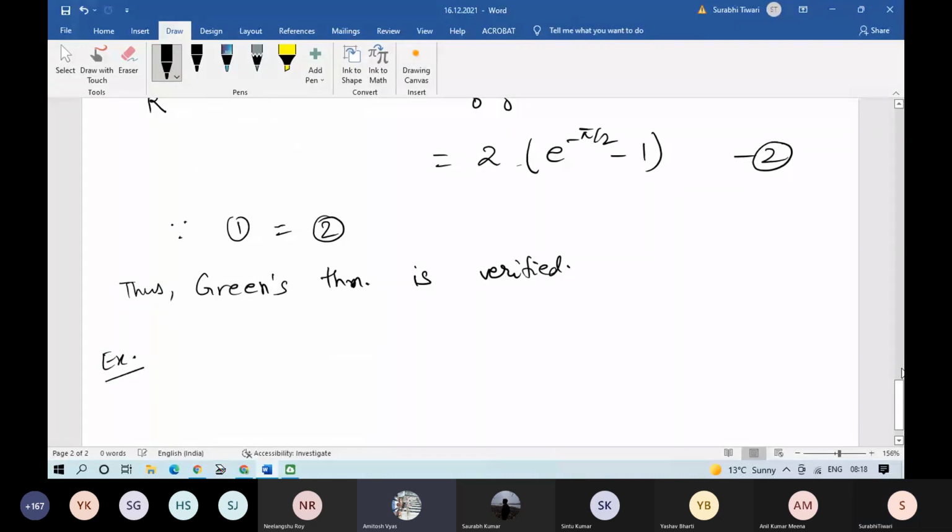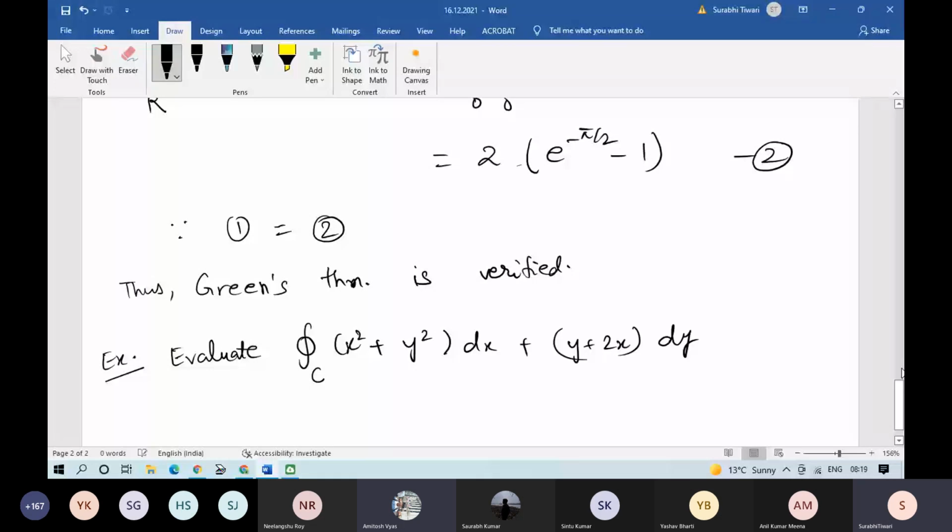Evaluate the closed integral over the curve C of x square plus y square dx plus y plus 2x dy.